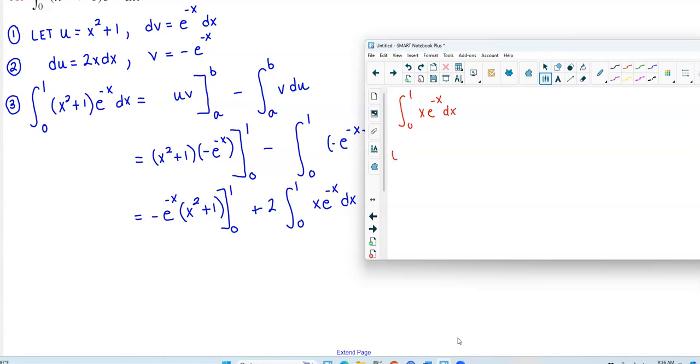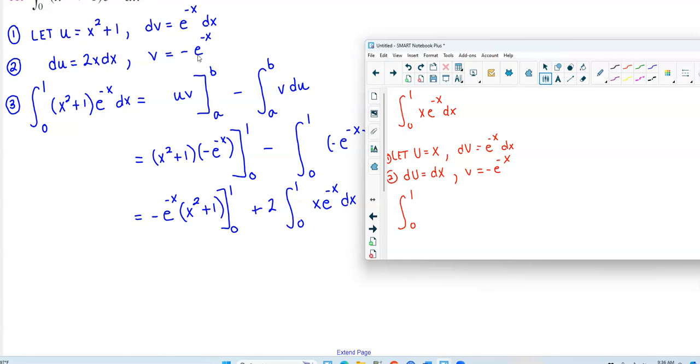Okay, and then we're going to let capital U equal x, and then we're going to let d capital V equal e to the negative x dx. And so then we know that the derivative with respect to x is going to be 1, so that's dx. And v is going to equal the same thing because we found it up here. So v is going to equal negative e to the negative x.